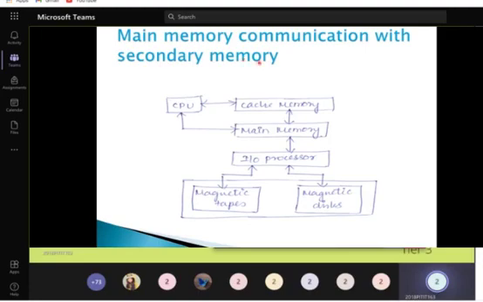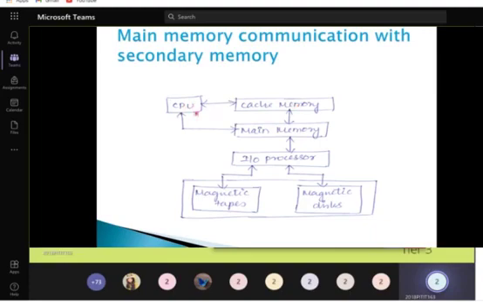Normally the CPU, cache memory, main memory, and then the magnetic tapes and magnetic disk or the secondary storage devices. From here the data will be retrieved by this input output processor. And from here the data will be retrieved by this main memory, and if some data is to be stored, whatever data I'm currently executing will be stored in the cache memory to speed up the process. So that will be placed in the cache memory too.